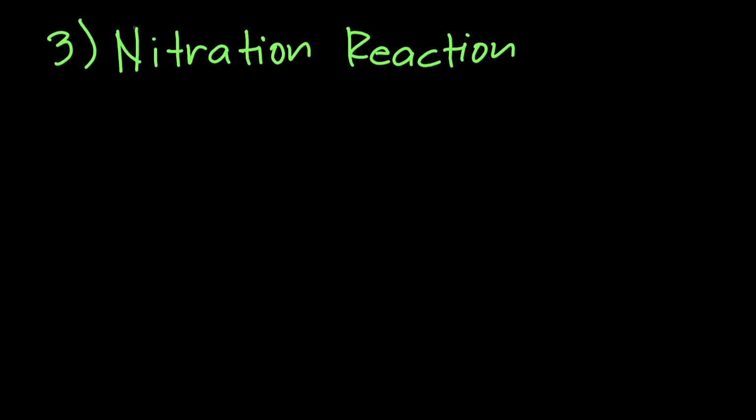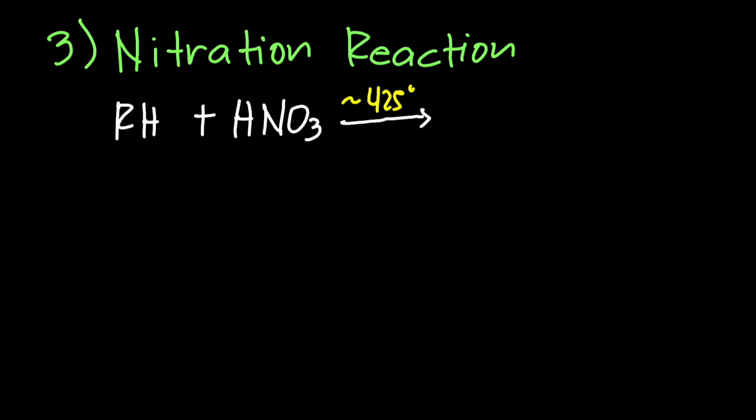Next up would be nitration reaction. It is where an alkane, let's say RH, plus a nitrating agent, which is nitric acid, under the presence of an extremely hot temperature, let's say around 425 degrees Celsius.